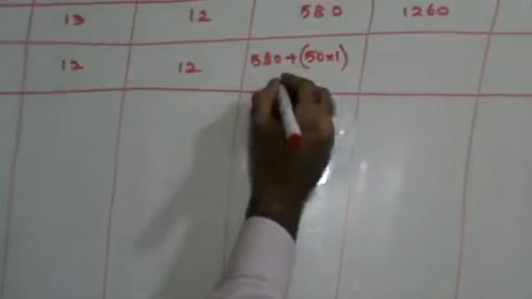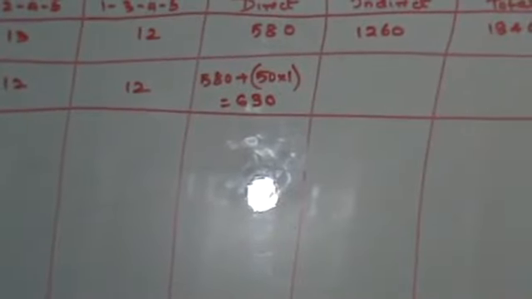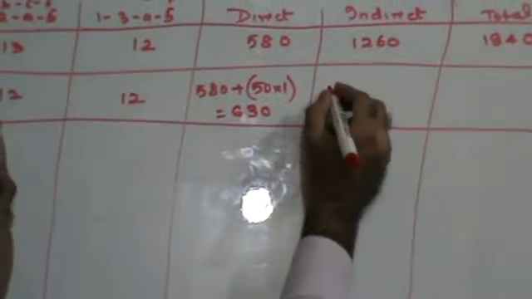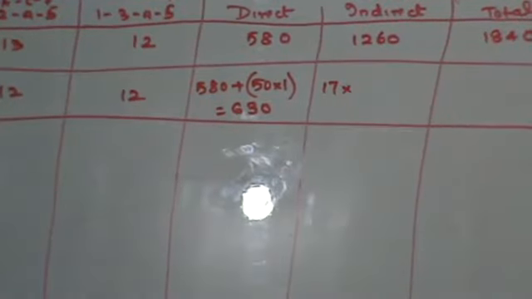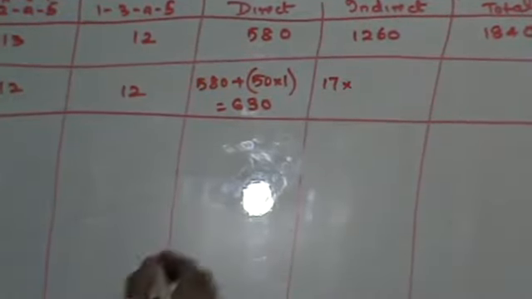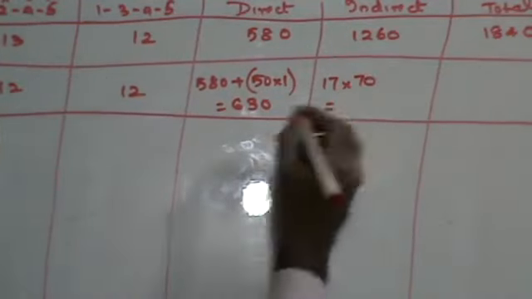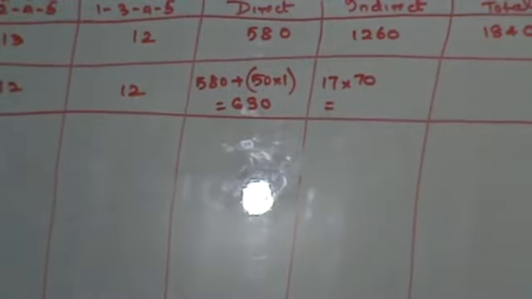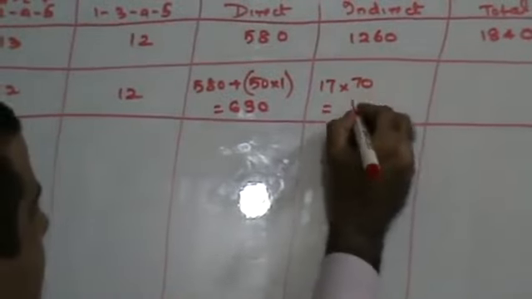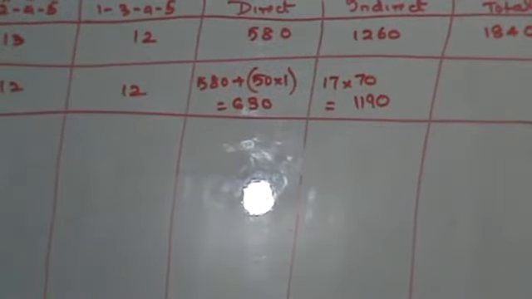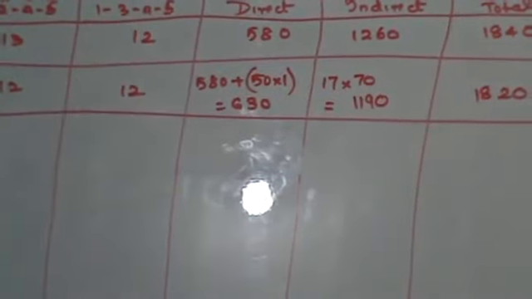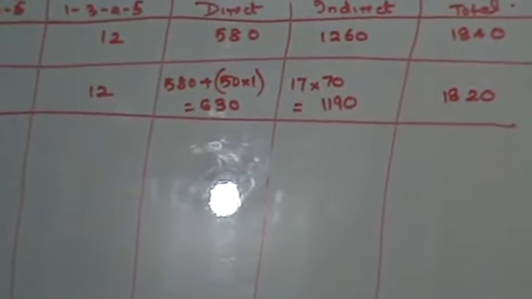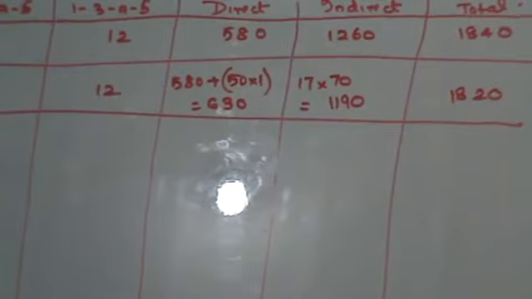So this comes to 630 rupees. Indirect cost: now I'm going to be completing the project in 17 days instead of 18 days, and my indirect cost is 70 rupees per day. So this comes up to 1190. If I add the direct cost and indirect cost, I'll get 1820.